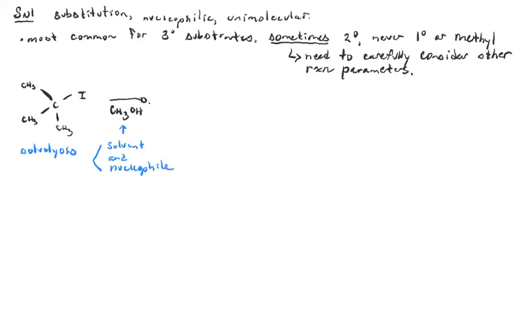Okay, and so the first step is the unimolecular ionization of the substrate to generate a carbocation intermediate, plus, in this case, I minus. Okay. And in the second step, that carbocation is going to be trapped by solvent, in this case, methanol.